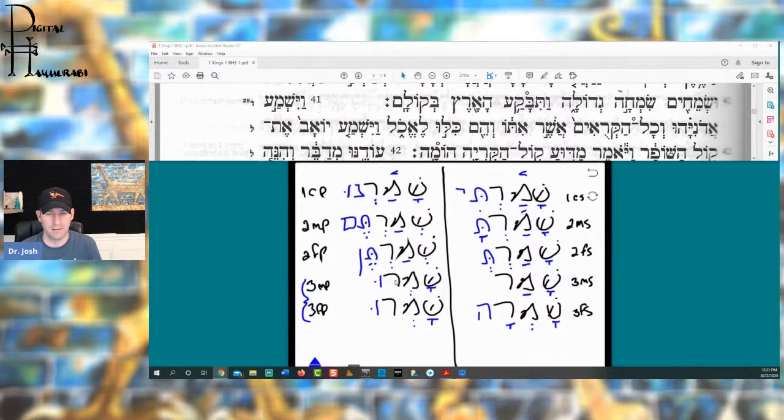They guarded, right? So shamarti, shamarta, shamart, shamar, shamara, shamarnu, shamartem, shamarten, shamaru, shamaru.